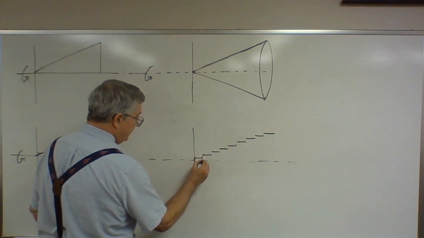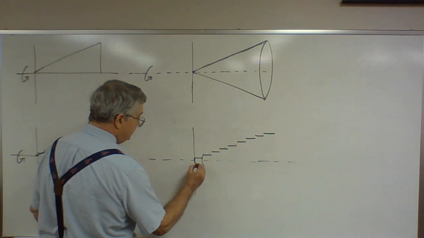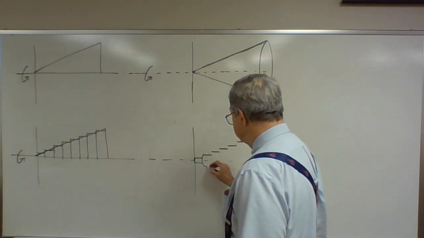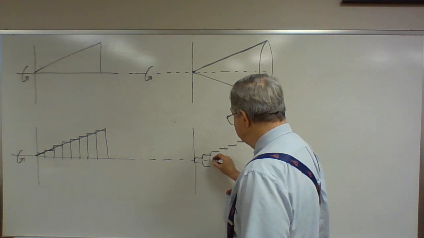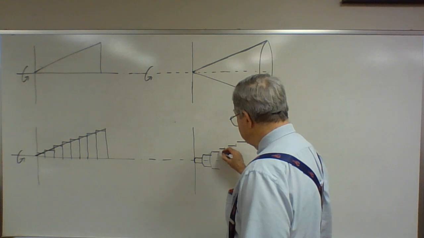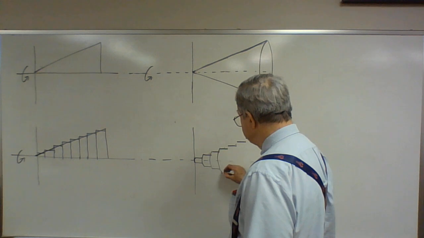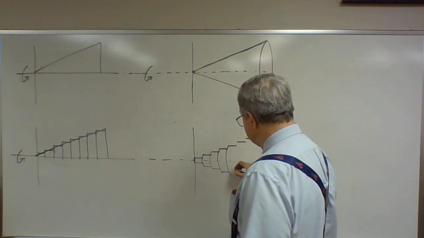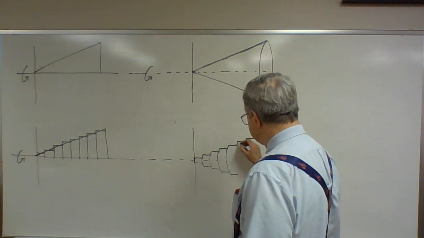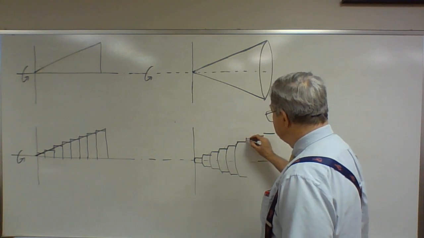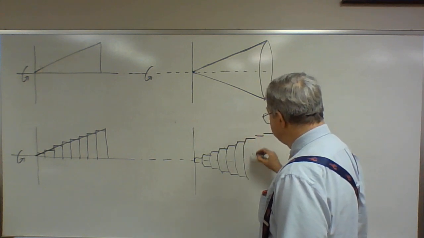We revolve the second one about the x-axis. We get a larger cylinder. And then we revolve the third rectangle about the x-axis and get an even bigger cylinder. Oh, look at these. We get all of these concentric cylinders.